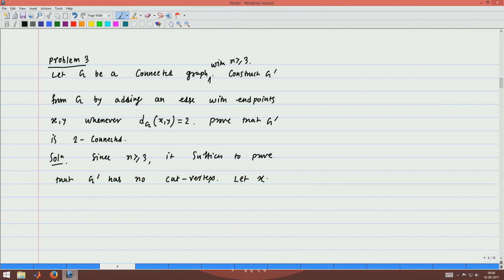Let x be a vertex of G prime. If G prime minus x is disconnected, then G minus x is also disconnected.